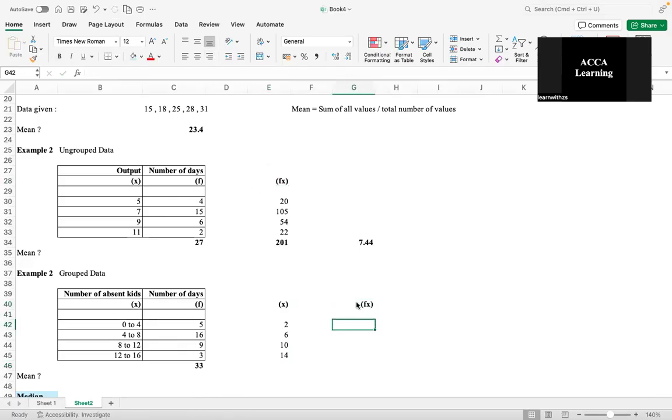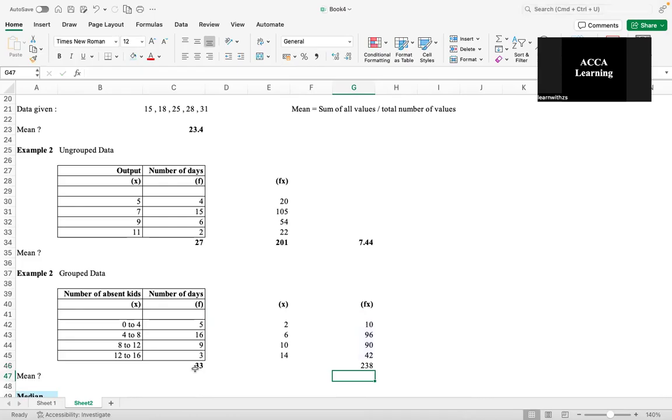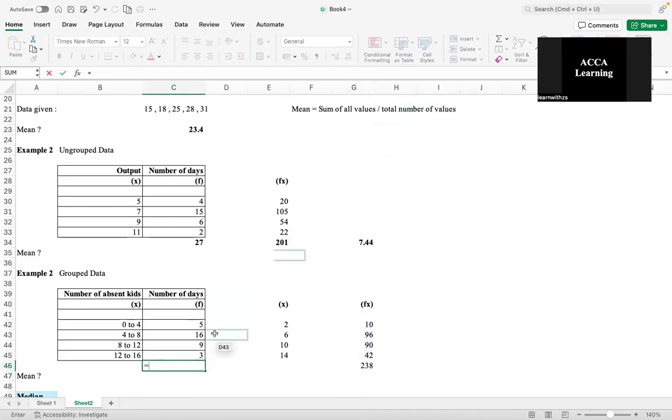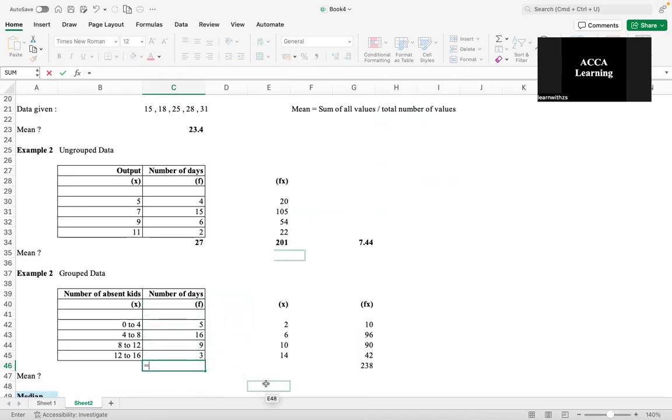calculating your fx, which will be f into x, which gives you the following values. Now, you take the sum of your fx as per your formula, which is 10 plus 96 plus 90 plus 42. And then you have to find out the value of f for your denominator. That is the total number of your values, which is the summation of column f, the summation of number of days.